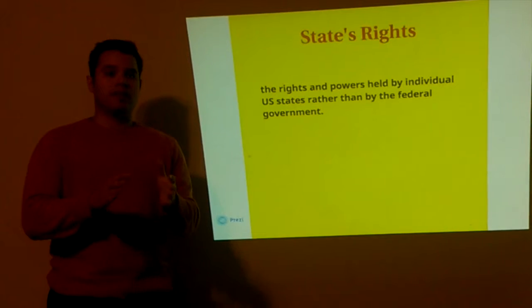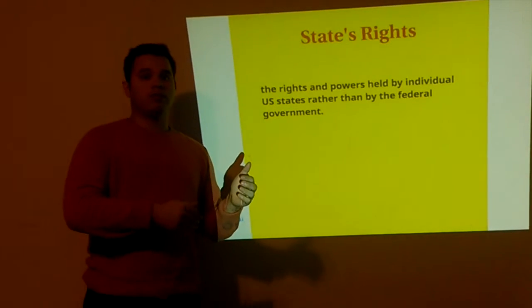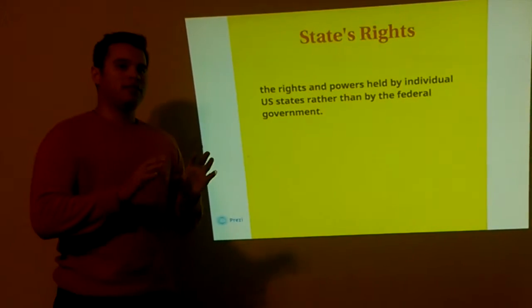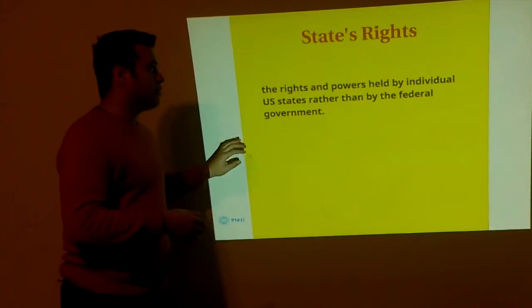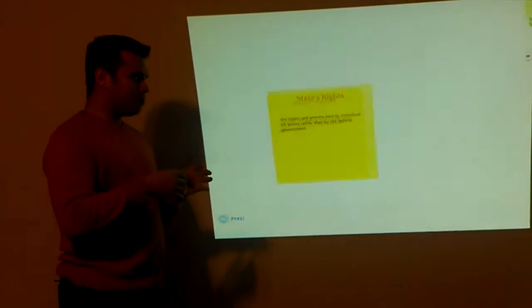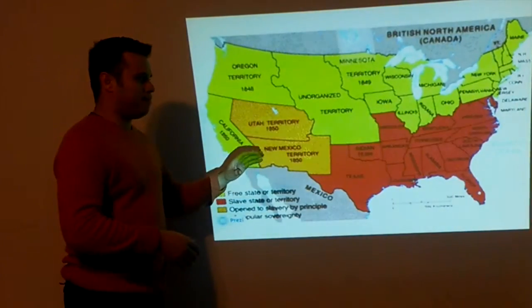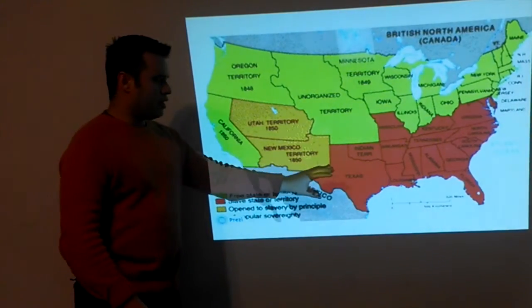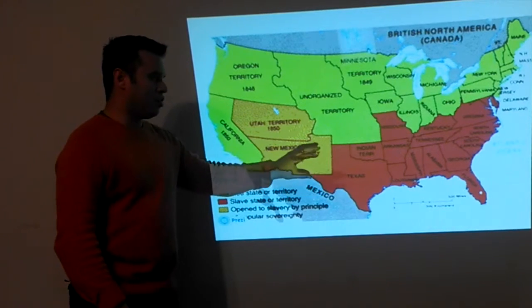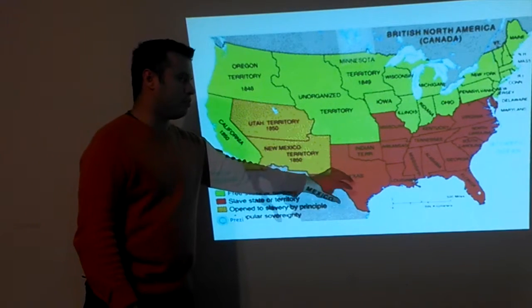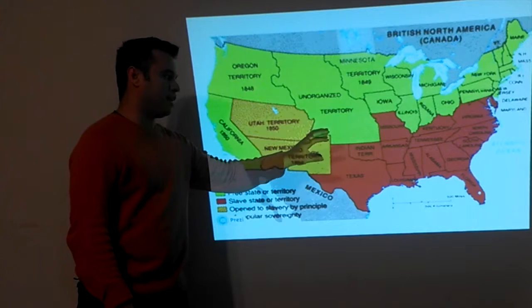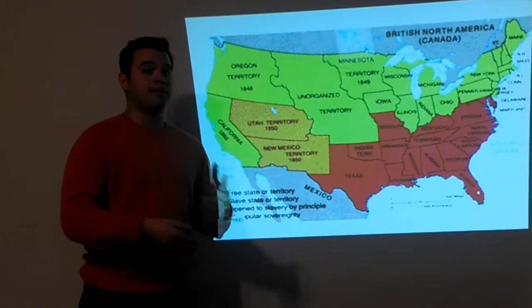So states' rights is something that has always been close to the hearts of Americans. How did this play a part in the cause of the Civil War? Well, a couple of different issues. Mainly, during this time period, as we had explained before, the issue of slavery and who would decide if a state would be a slave state or a free state was something that was highly debated.